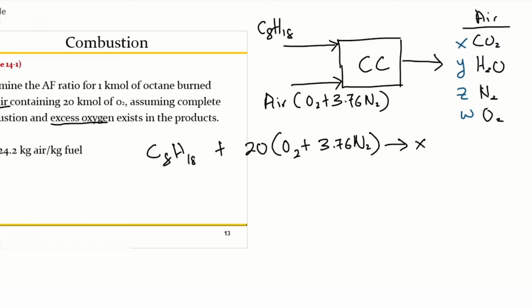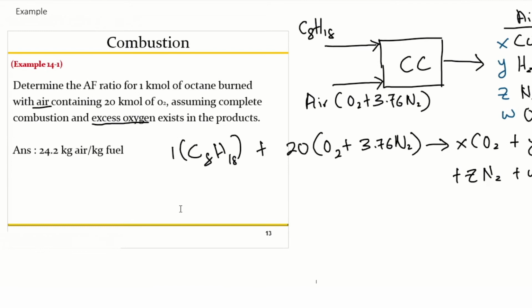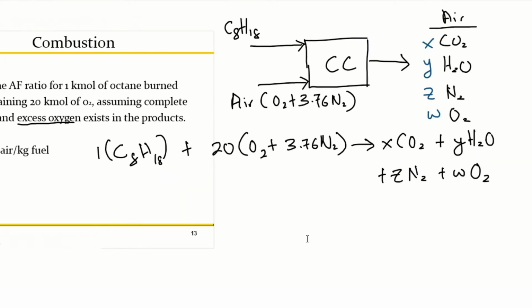So you're going to have X CO2 plus Y H2O plus Z N2 plus W O2. So this one is multiplied by 1, right? Because we have 1 kilomole of octane, so multiply by 1.